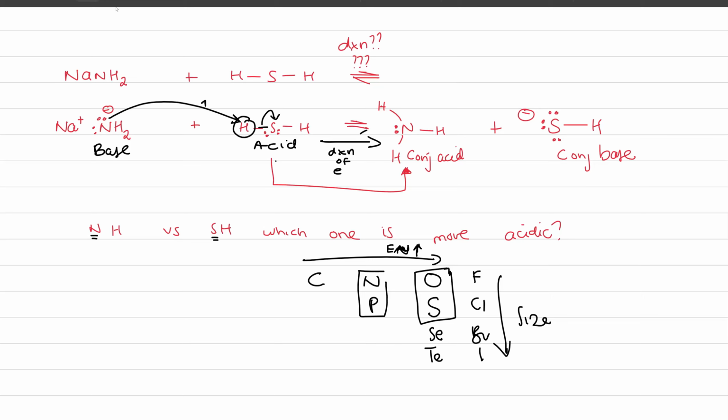Silly question, but the tail of the arrow can never go off a charge. It can only go off lone pairs or a bond, like a double bond or a single bond. Authors will sometimes start the arrow from a negative charge, which is wrong. The right way is to start from the lone pair.